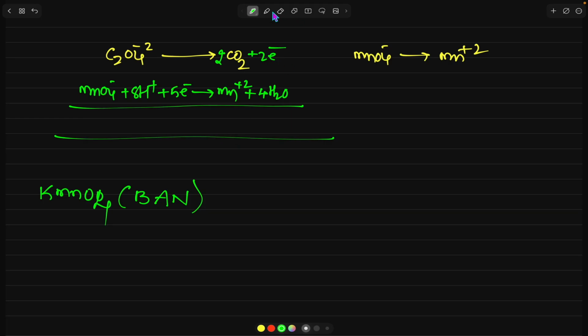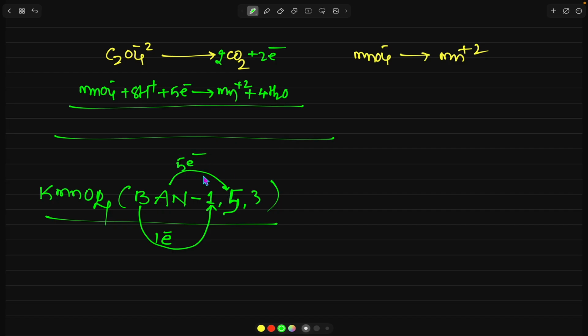You should remember this mnemonic, that is band 1, 5, 3. What is the meaning here? In basic medium it takes only 1 electron. In acidic medium it takes 5 electrons. In neutral medium it takes 3 electrons.